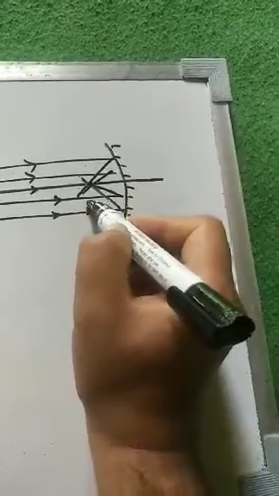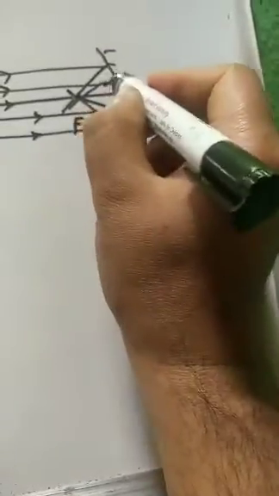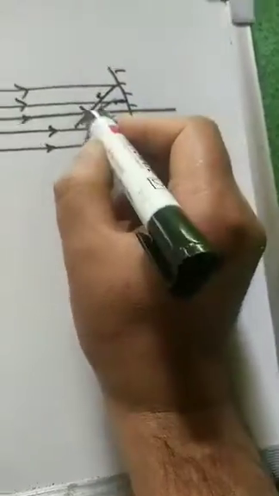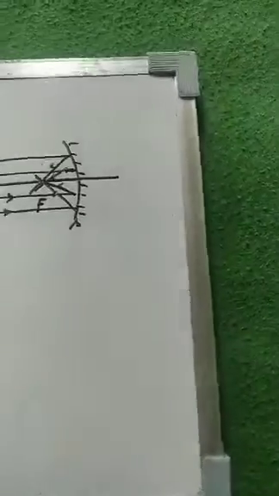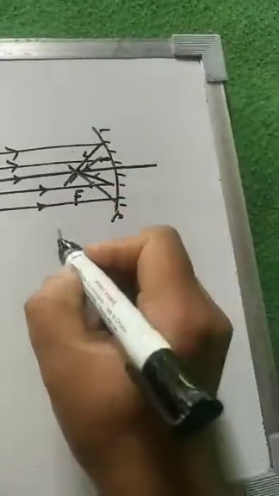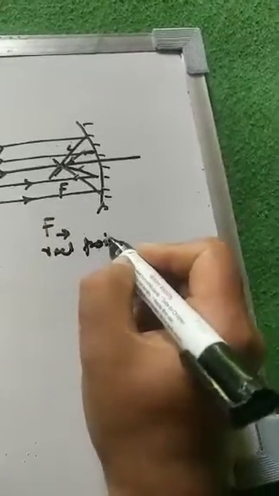Suppose it converges this at point F. So F is the principal focus, it is the point actually. Here these rays actually meet. So F, which is principal focus, is a real point in case of concave mirror.